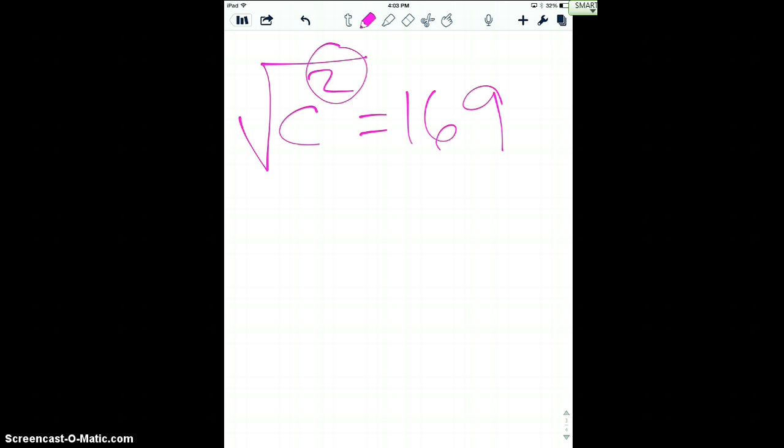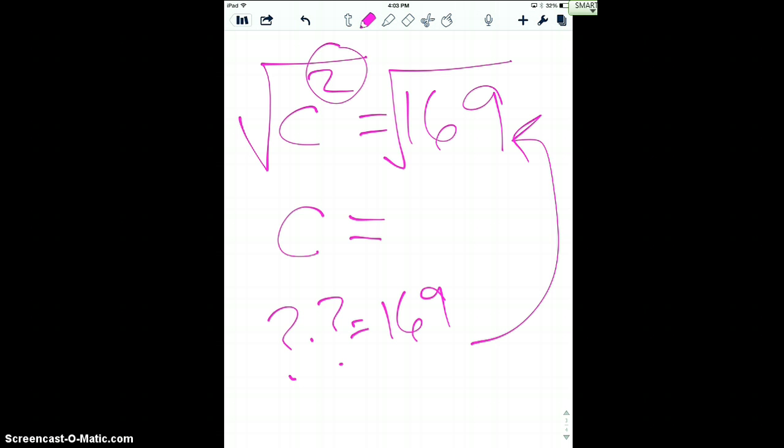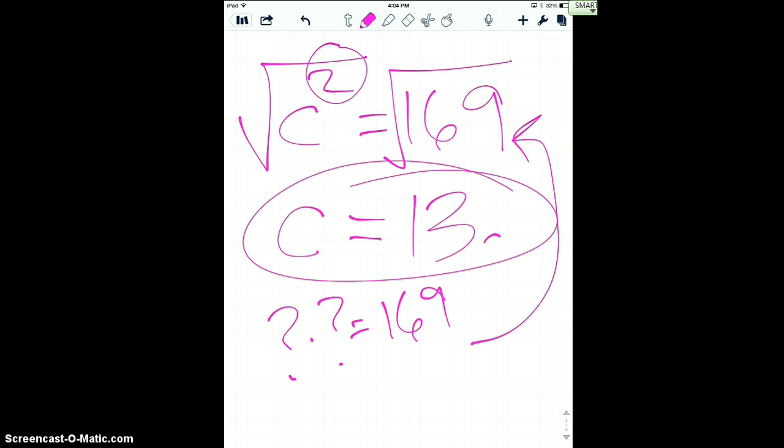If we take the square root of c squared, we just get c, and that's what we want. So we're taking the square root of 169, and it's actually going to be a whole number. Do you know that one off the top of your head? It is 13. So that hypotenuse is 13 centimeters in length.